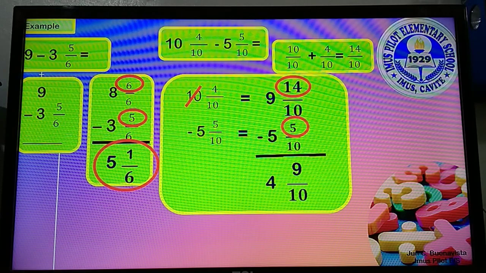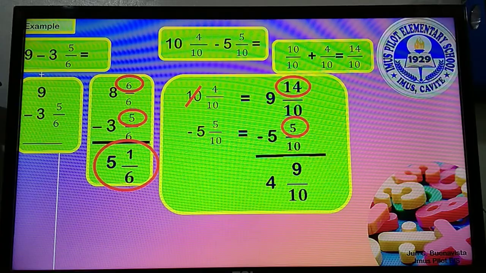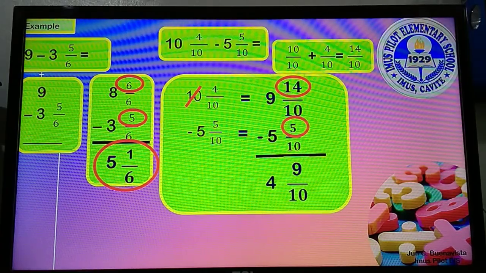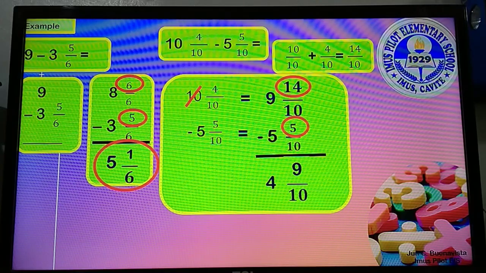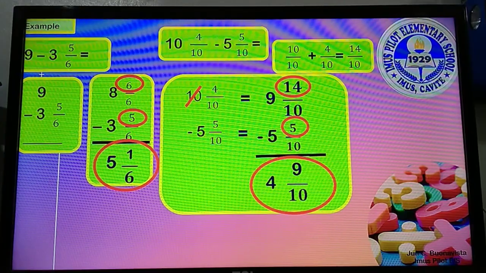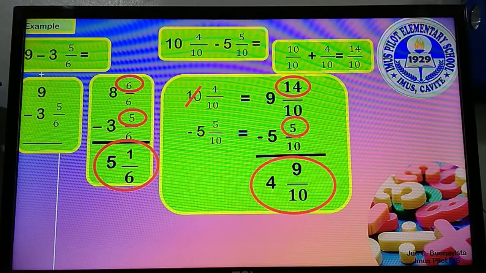So, our answer now, 4 and 9/10. 9/10 is already in the simplest form because it is only 1 that can divide both 9 and 10. So, therefore, it is in the lowest term. So, now, our answer is 4 and 9/10.